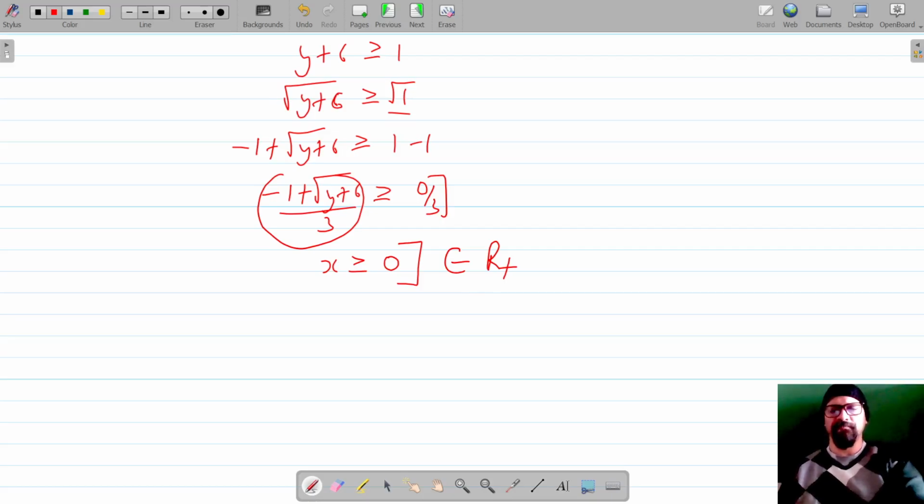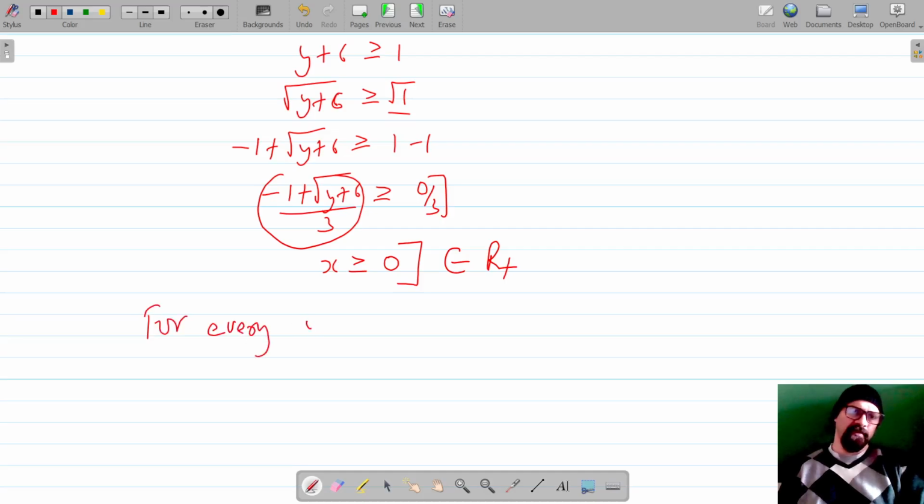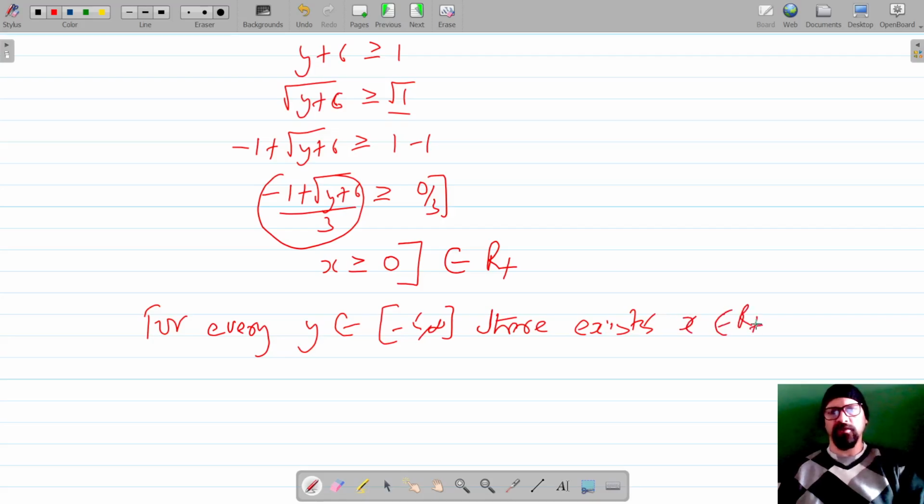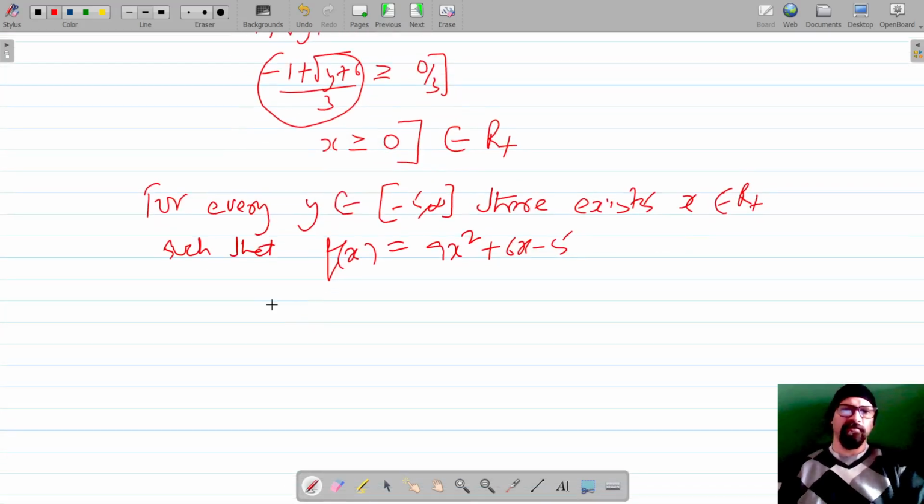So we can say that for every y that belongs to minus 5 to infinity, there exists x that belongs to non-negative real numbers such that f of x is equal to 9x squared plus 6x minus 5. So our function is onto.